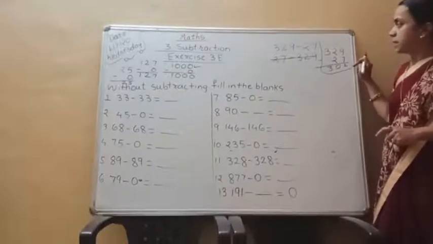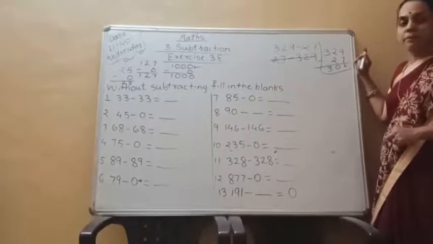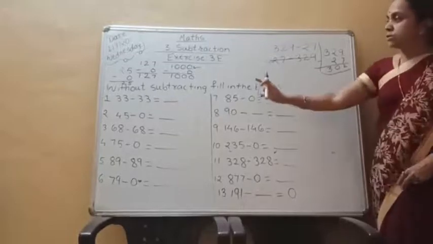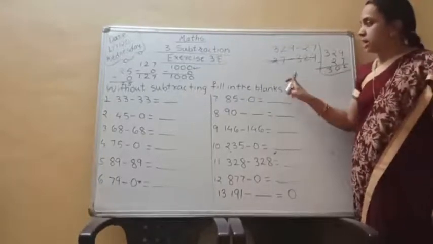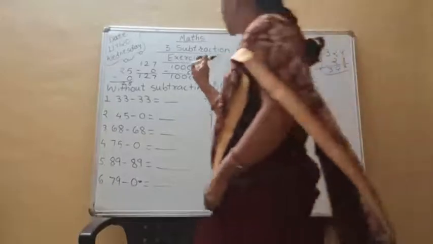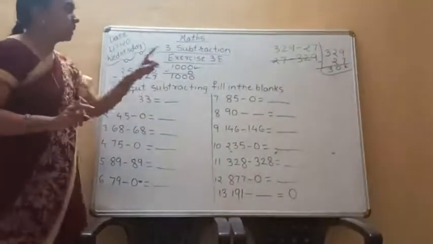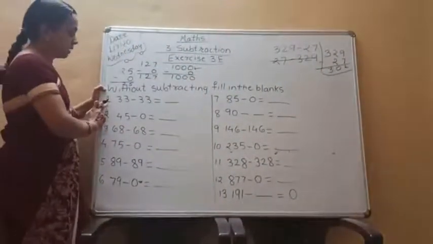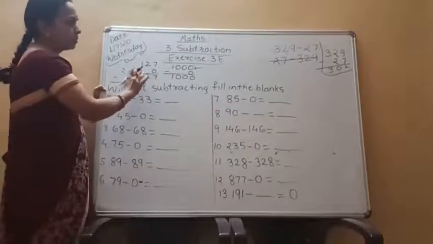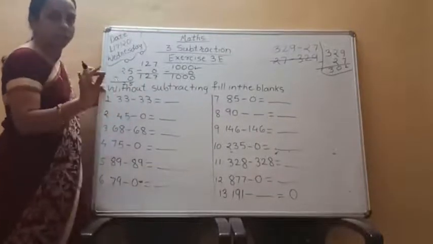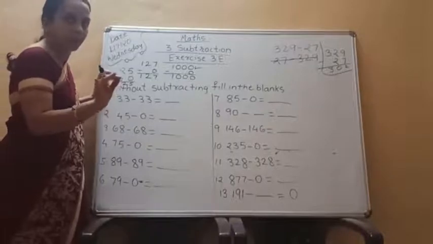You have to remember this rule every time. Okay. Now see your page number 41. What is the question? Without subtracting, fill in the blanks. Now, very simple. It means we have to do it only orally. All these examples orally.